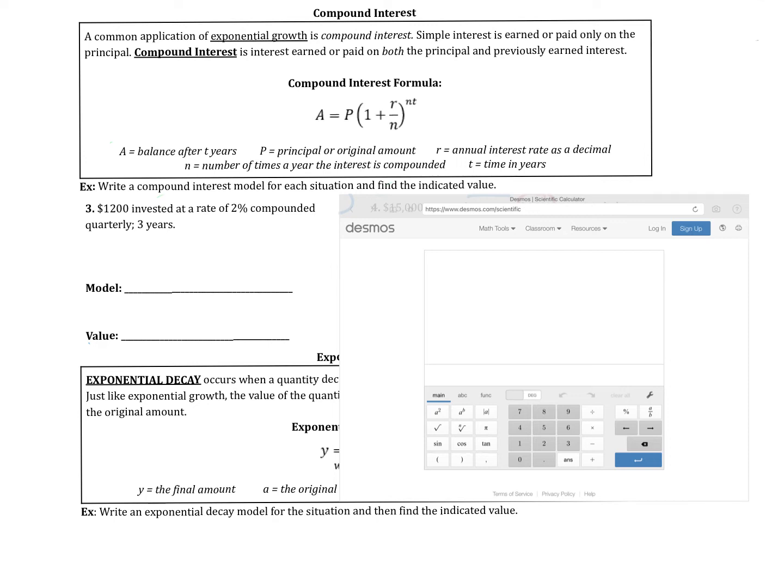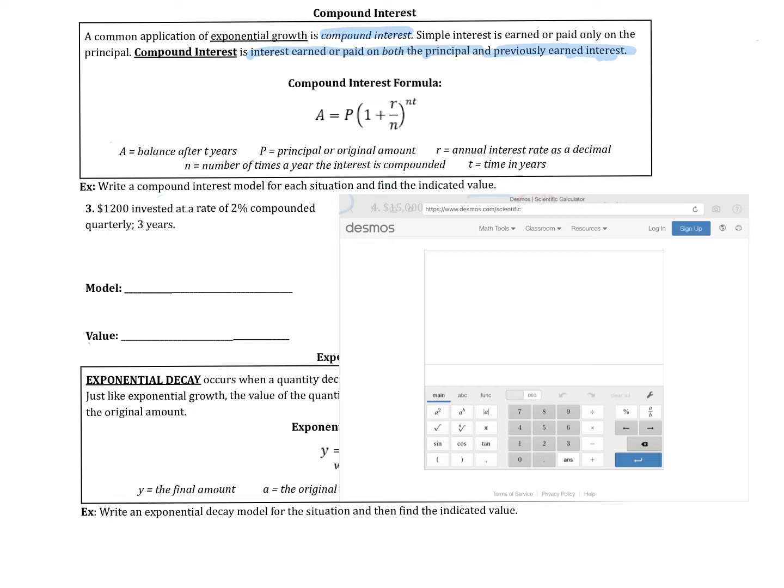So what happens here is that with compound interest, we are earning interest. Interest is earned or paid on both the principal, aka the amount that you started with, and the previous amount of interest. So you make money off of the money that they gave you, which is kind of awesome. So the formula for compound interest at its core is a lot like the simple interest.